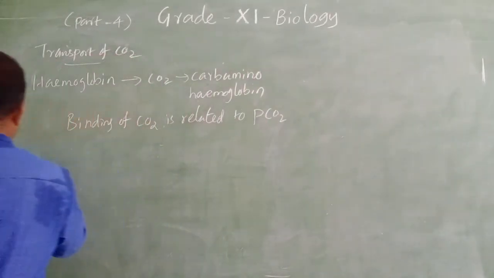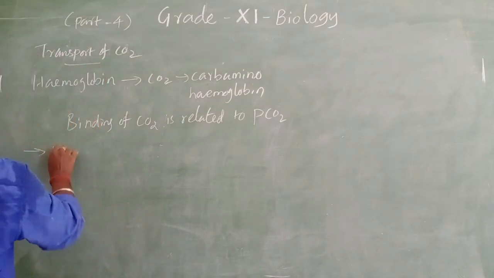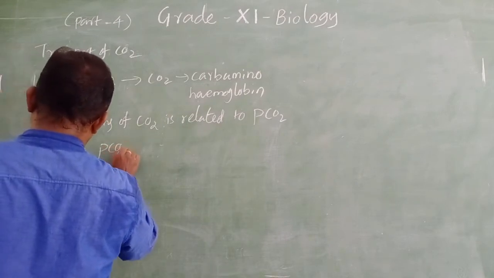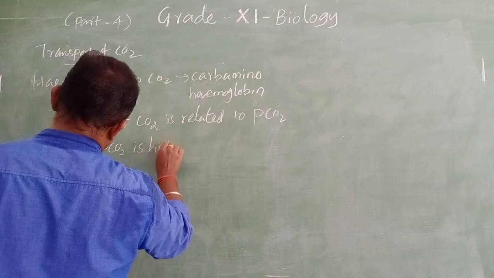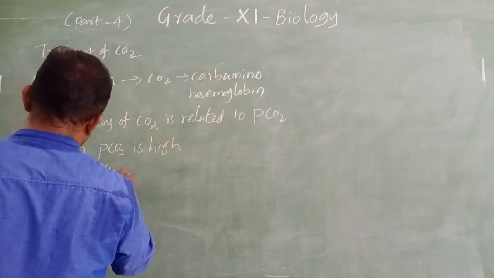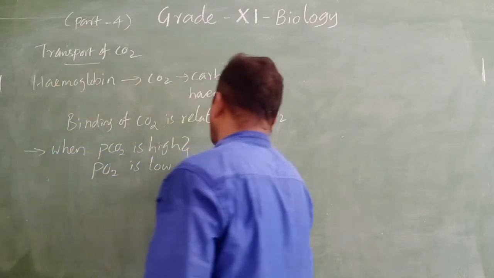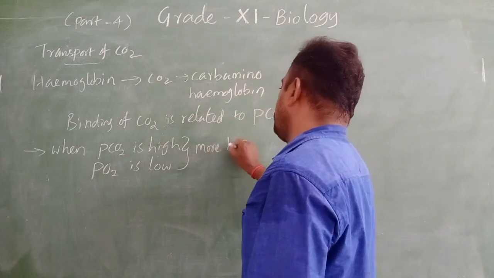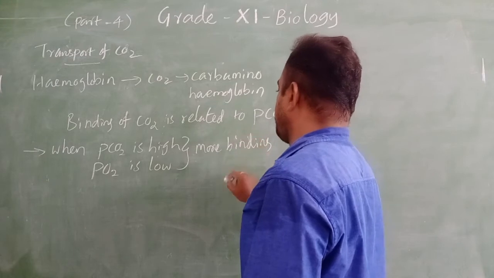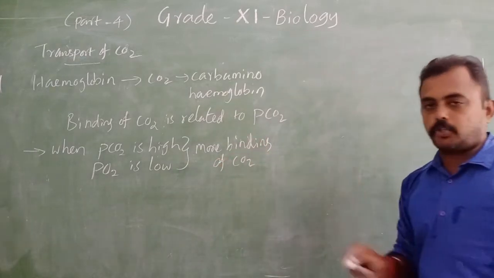Here in the cell, that means in the tissue, when the partial pressure of carbon dioxide is high and partial pressure of oxygen is low, what happened? More binding of carbon dioxide is happening in the tissue.